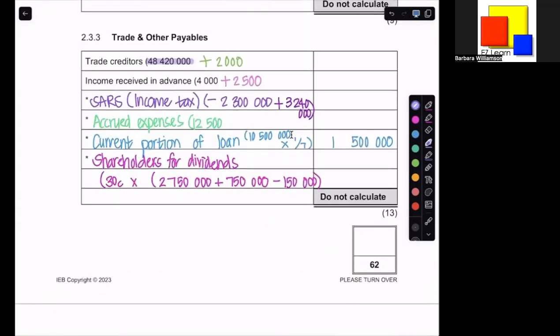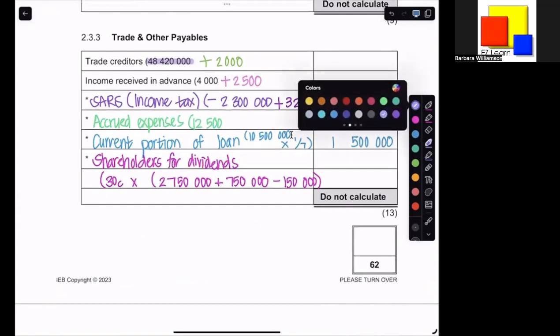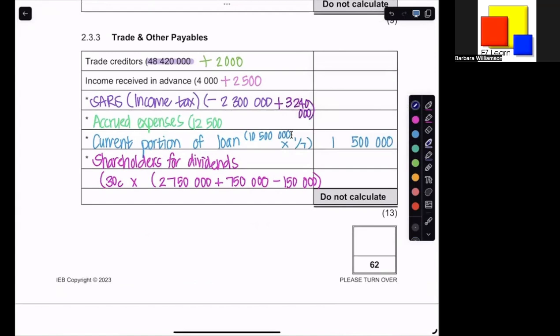Your trade and other payables. Your trade creditors should be 48,422,000. Income received in advance will obviously be 6,500. Your SARS income tax comes in as 940,000.